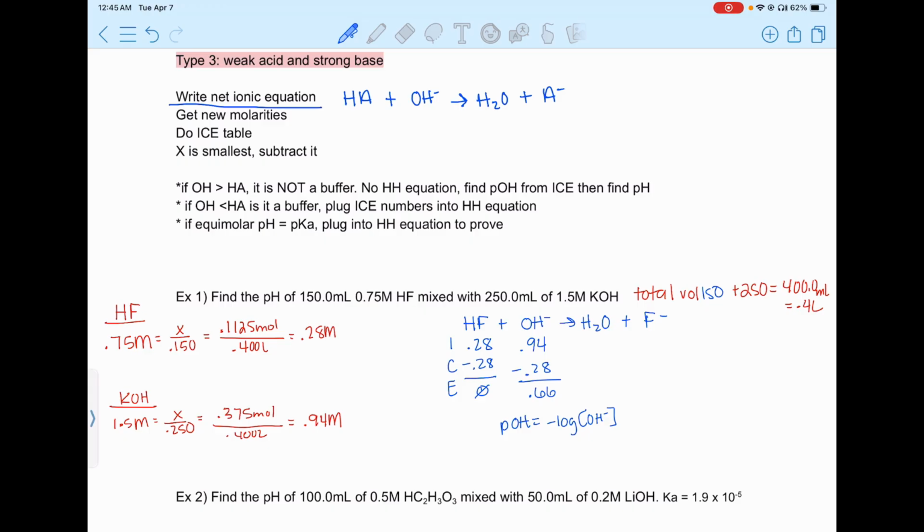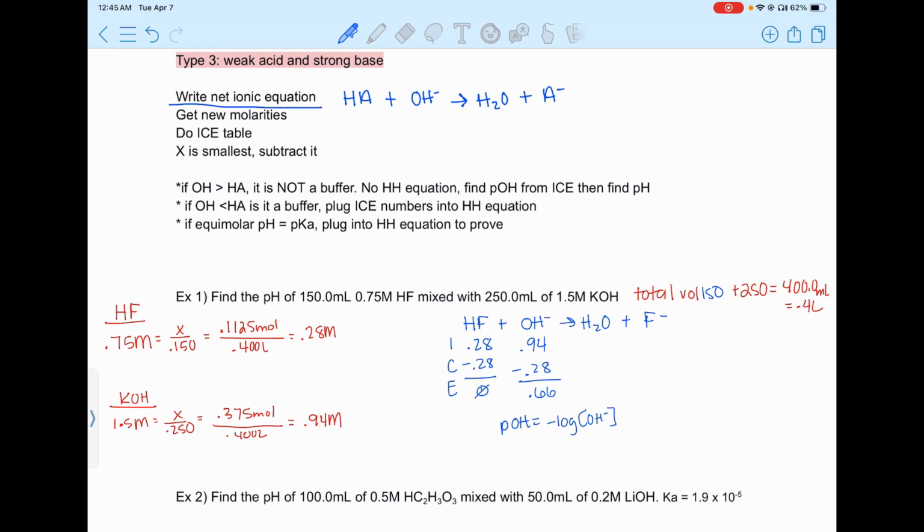Because the base is in excess, if I were to look at that titration curve back from the very beginning, right, I am most likely looking at a point well beyond our equivalence point, in which we now have a greater concentration of base than we do of acid. I'm expecting a basic pH for this one. So definitely something above 7.